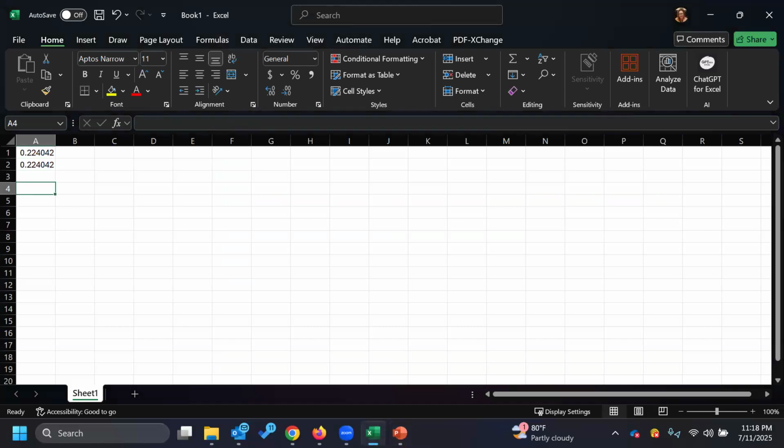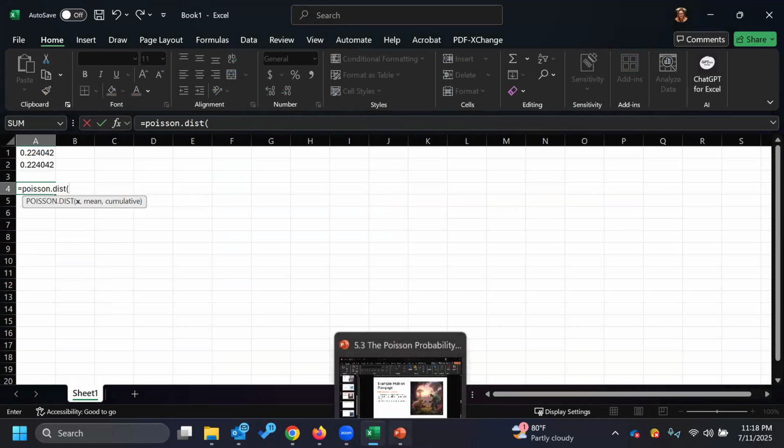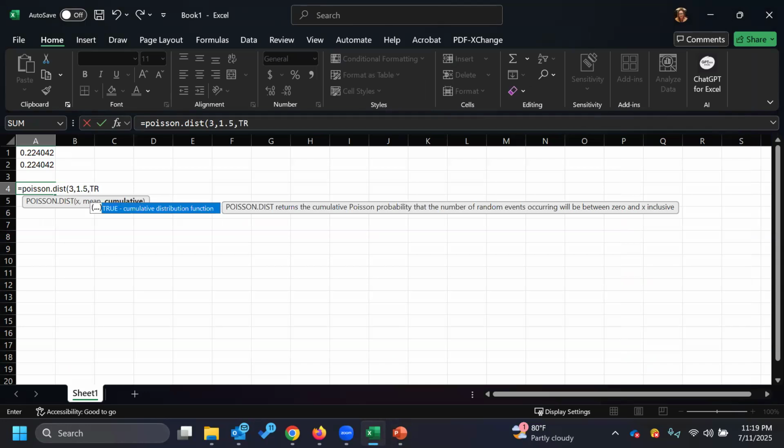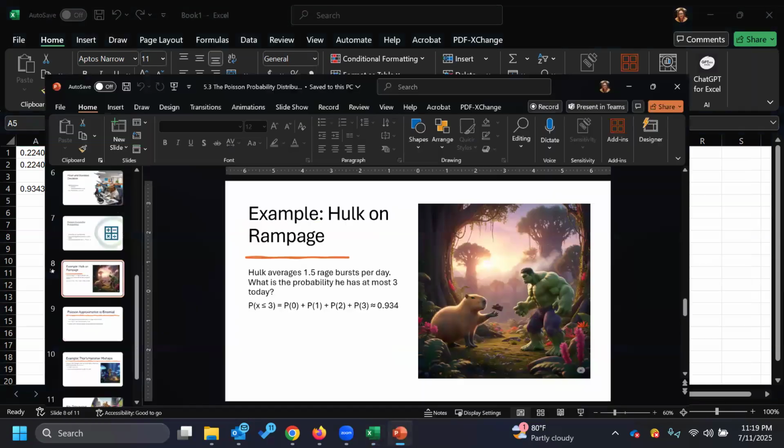So we would go Poisson. The k is 3, and then the mean is 1.5. And this time we do want the cumulative probability, and there it is, the exact same thing we saw on the slide, 0.934.